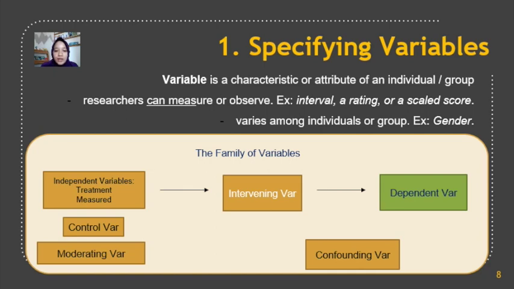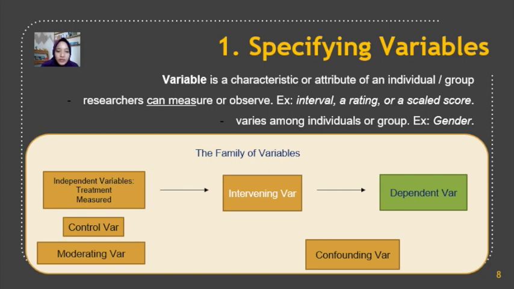The example is interval, rating, scale score, and then the variable itself is gender. There is a picture that shows the family of variables: independent variables, intervening variables, and dependent variables.